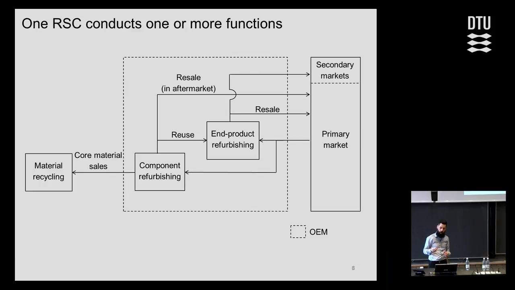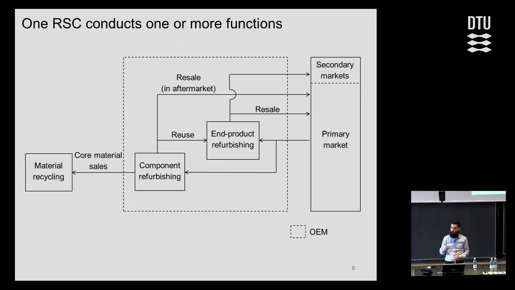For those products where it's not possible to refurbish the product as a whole, where that's unfeasible, it may be possible to refurbish and reuse some of the components from these products. They can then be reused either in the end product refurbishing, or they can be resold as spare parts into the firm's market.